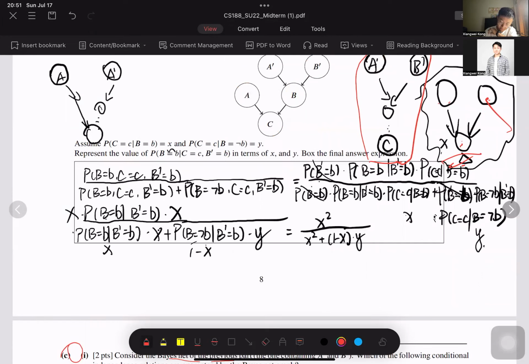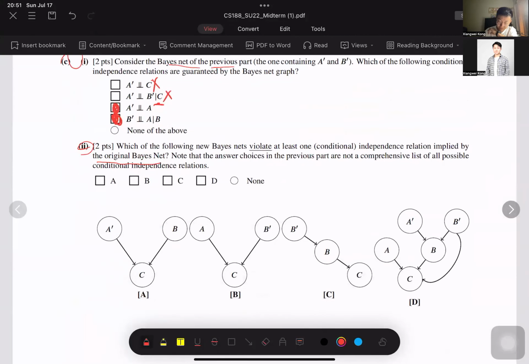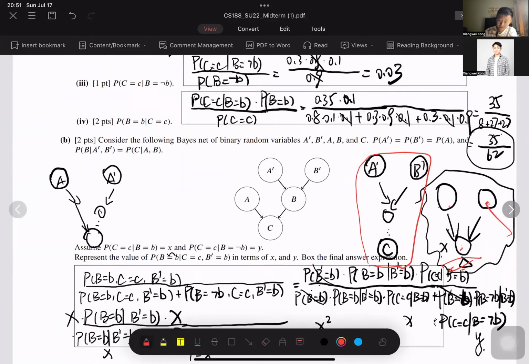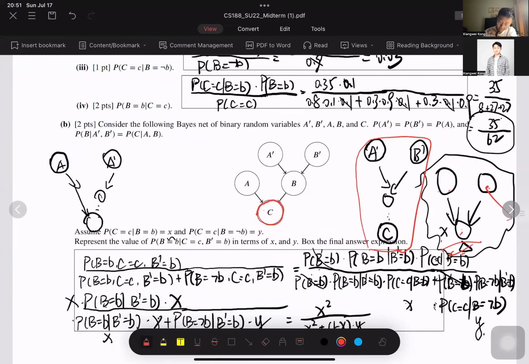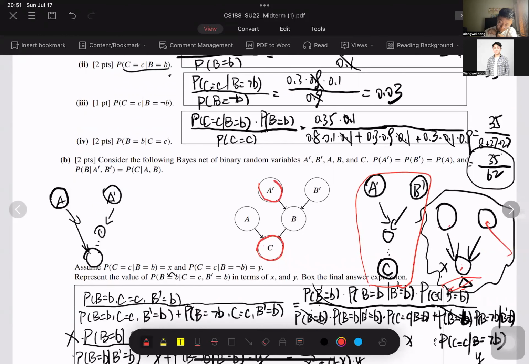So, okay, let's look at the first one, A prime, C, and B, which says if C is not given, then A prime and B are independent of each other. Sorry, the B should be here.